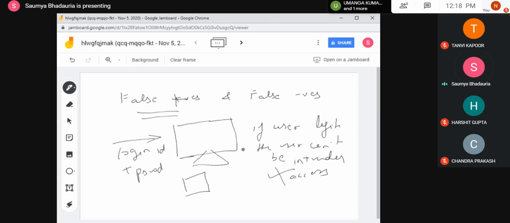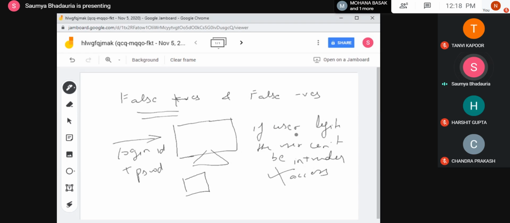Okay. So what is the system prompting? The system is prompting that there is an attack happening in the system, or the system is not allowing the legitimate user to access what he is allowed to access. Okay, so what is this? This is an event signaling to produce an alarm when no attack is actually taking place.